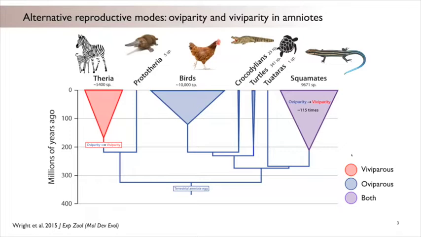This tree is just to show that from this ancestral oviparous ancestry of all amniotes, we have just one origin of viviparity at the base of therian mammals. And in squamates, people argue many times about exact numbers, but it could be something more than 100 independent origins of viviparity.